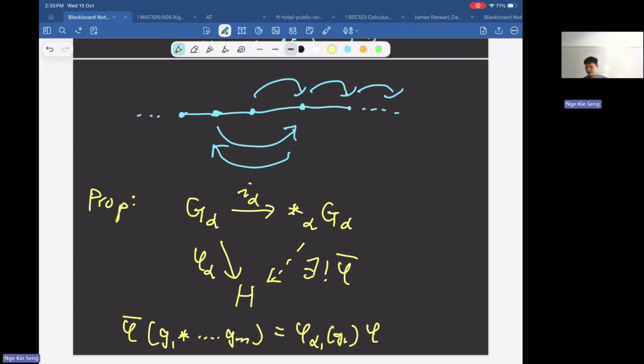Then you need to check the homomorphism properties to prove that it is a homomorphism. It's straightforward. I mean, the steps maybe are not straightforward, you need to write them down, but the idea should be clear.